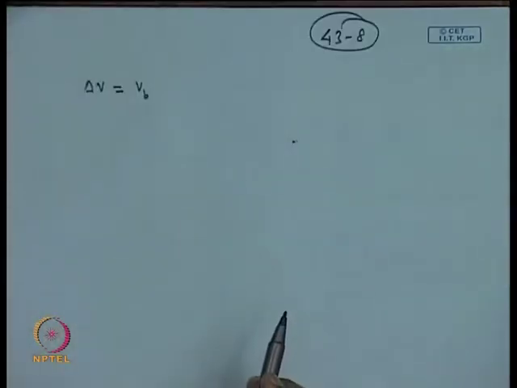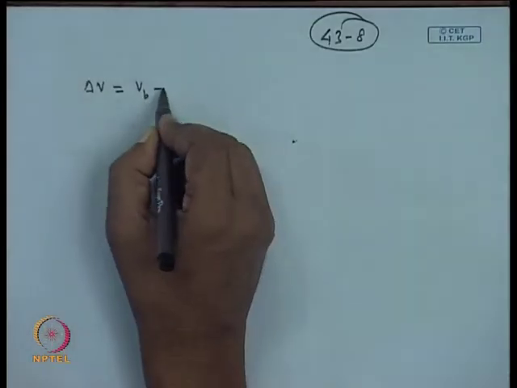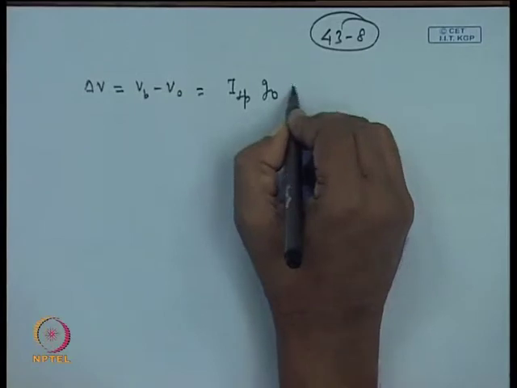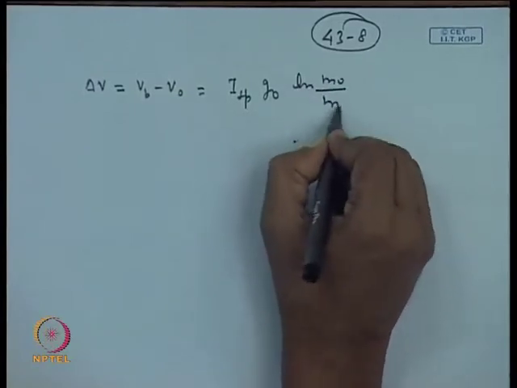So, it does not matter. V b minus V 0, this quantity is I S p g 0 ln m 0 by m b.